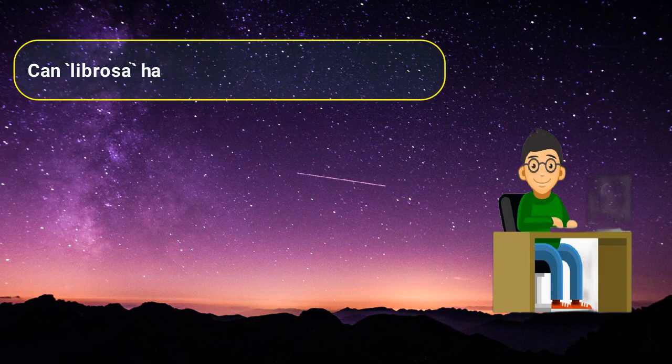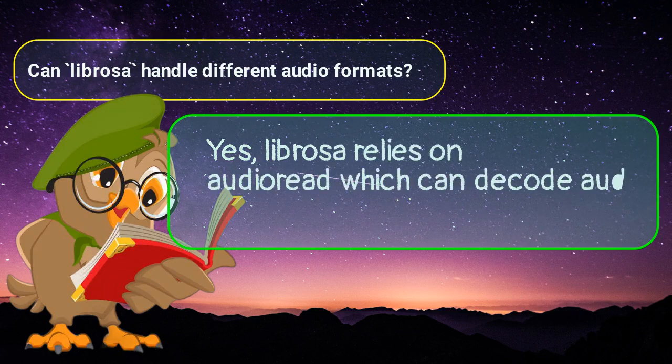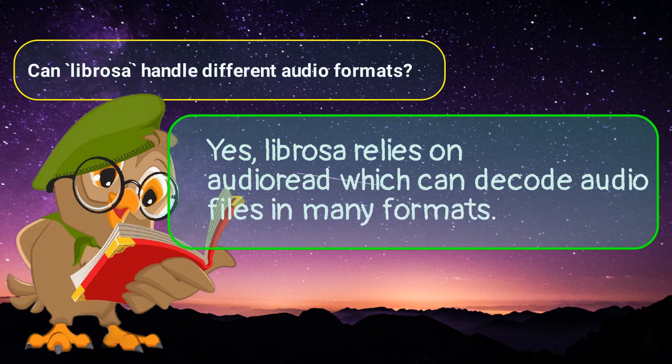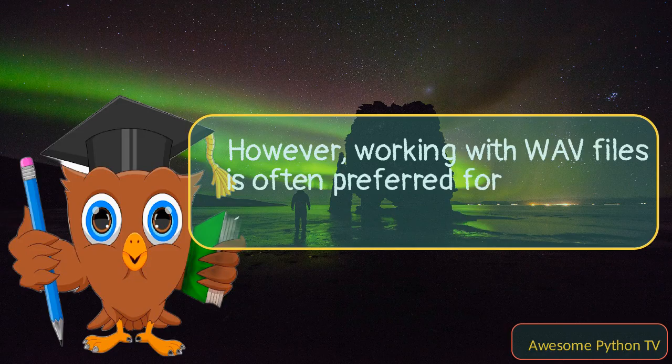I'm curious, can Librosa handle different audio formats? Yes, Librosa relies on audioread, which can decode audio files in many formats. However, working with WAV files is often preferred for simplicity.